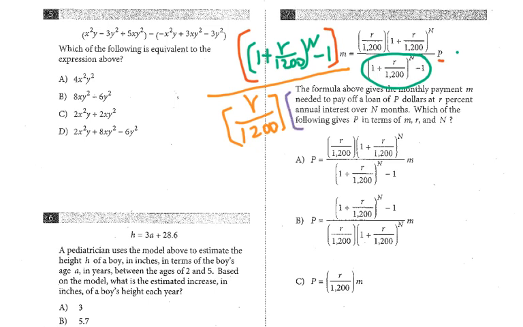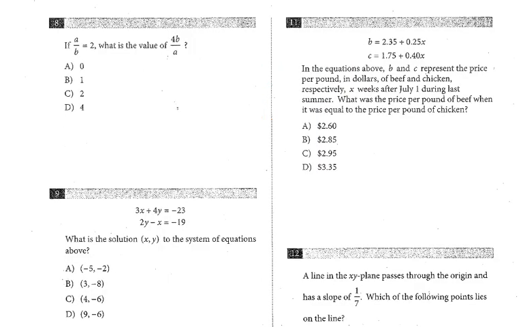Then it will be 1 plus R over 1200 to the nth power. That's your answer. So the answer is B.